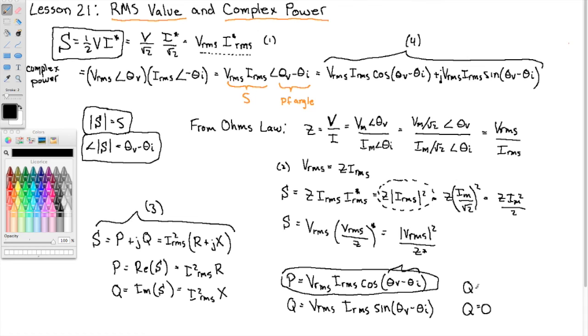So Q equals 0 is for resistors, power factor equals 1. If Q is less than 0, this is for capacitive loads, so capacitors. Capacitive loads, right? And so you have a leading power factor.